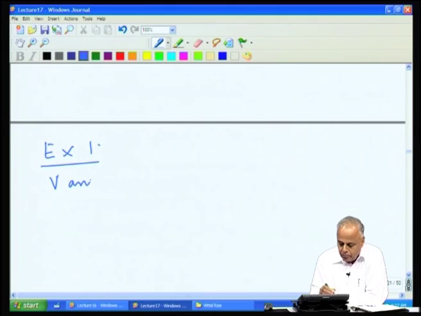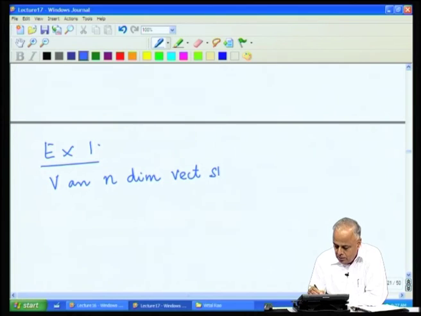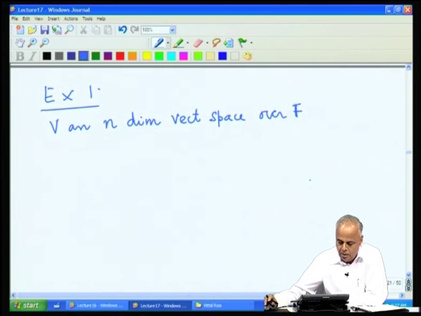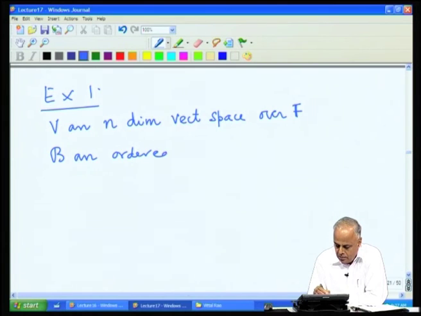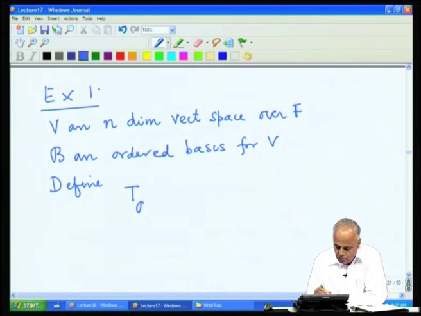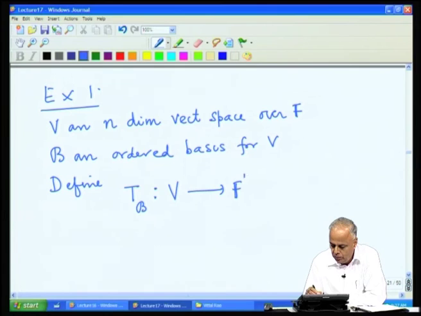Let V be an n-dimensional vector space over a field F, and let B be an ordered basis for V. Now, we define a transformation T, which of course depends on the ordered basis B. So, we will write T B, which takes V vectors to F n vectors.